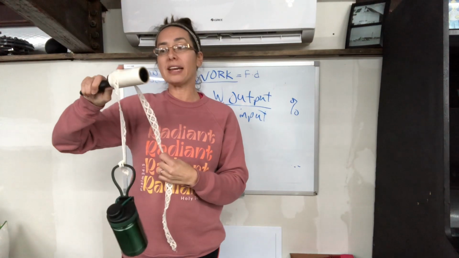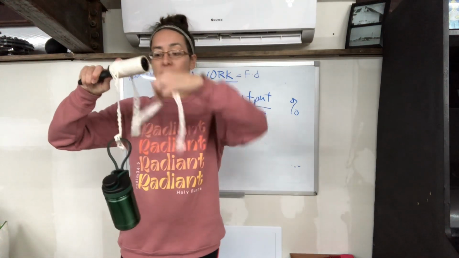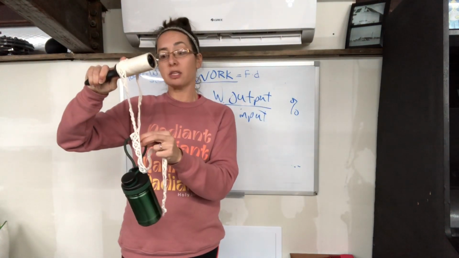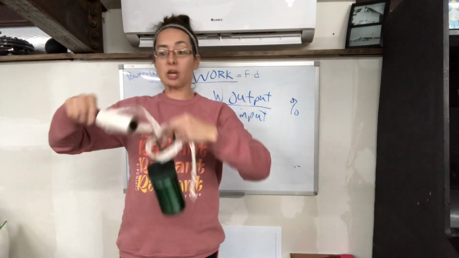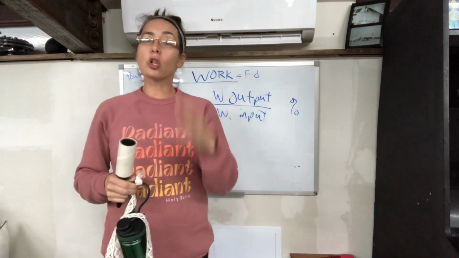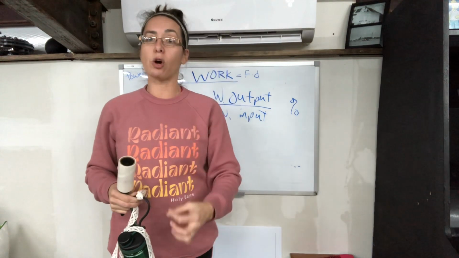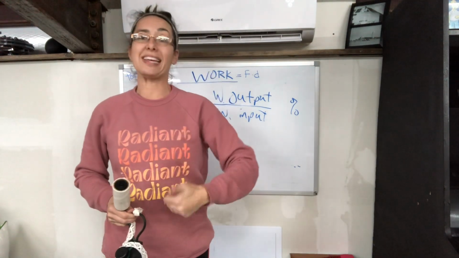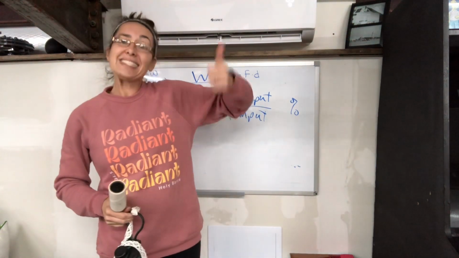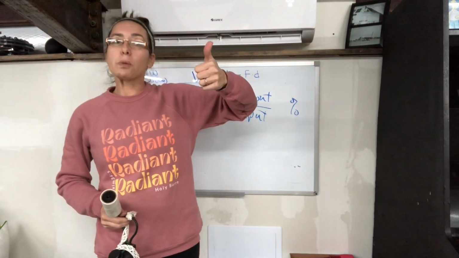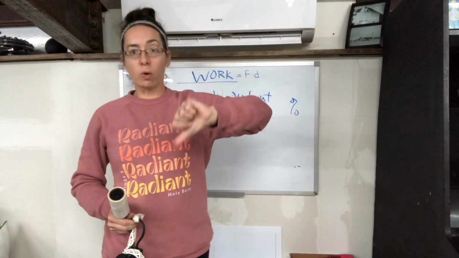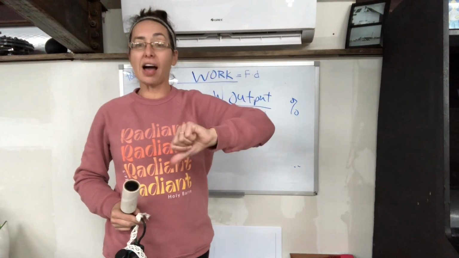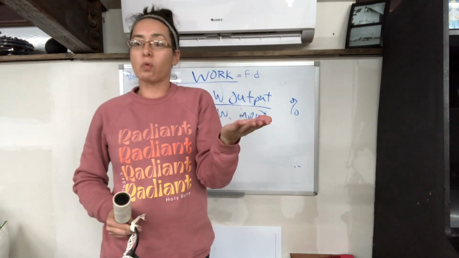Now, for pulleys, you can double pulleys up. We could attach a pulley directly to the bottle and then make a double pulley. The more lengths of rope that go through the pulley system, each one of those links increases that distance, which means it decreases the force you have to apply to do the same amount of work.